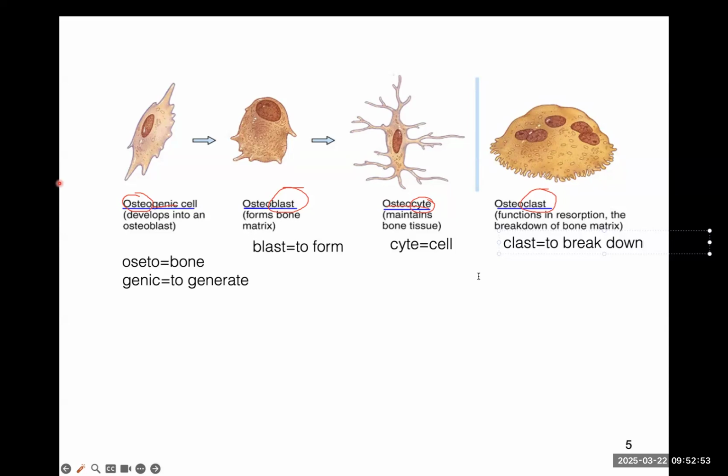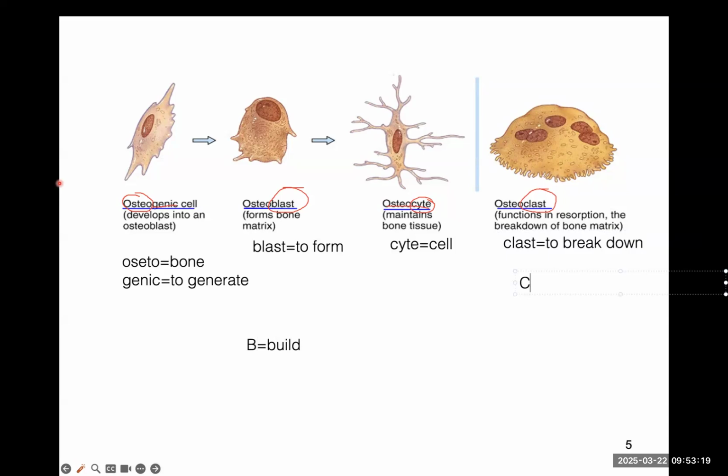And how do you know, you might say, oh, this is osteoblast, this is osteoclast. How can I remember that? In osteoblast, just think of B standing for building. B for build. So osteoblast is to build your bones. And then here we have osteoclast.